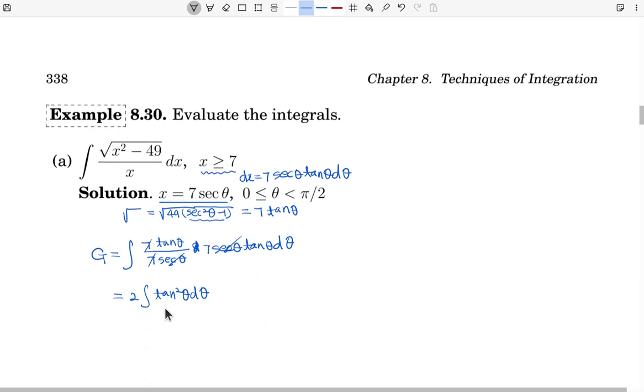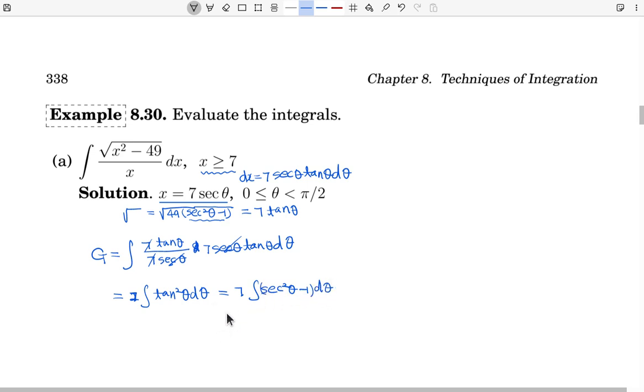Now, if we use the identity sec squared minus 1, then that is 7 times the integral of sec squared theta minus 1 d theta.